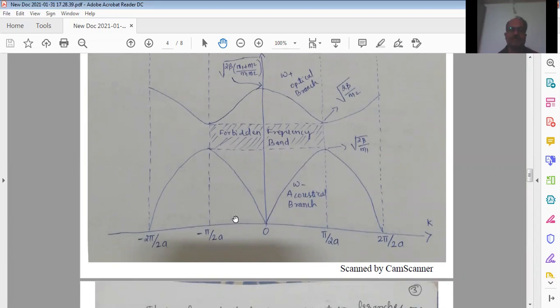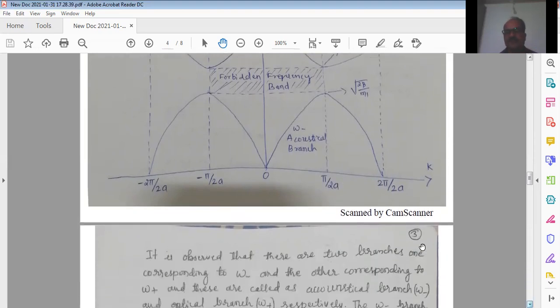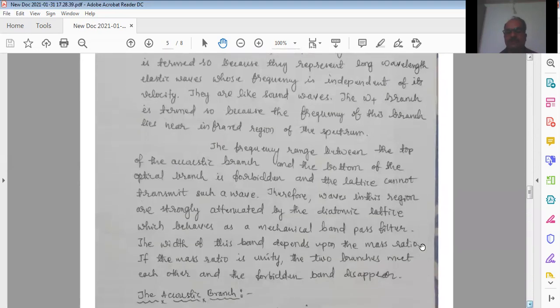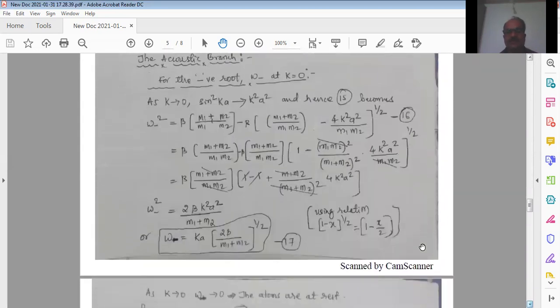The region bounded by pi by 2a and minus pi by 2a is referred to as the first Brillouin zone. So you are in the first Brillouin zone from here to here, and that is what is called the zone boundary. k is equal to pi by 2a refers to the zone boundary of the first Brillouin zone.